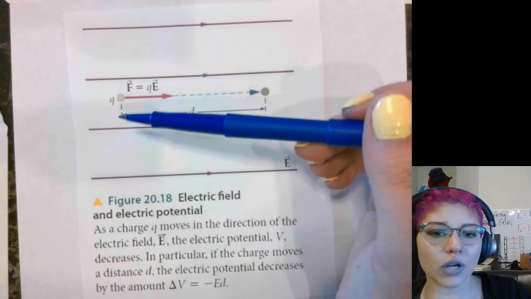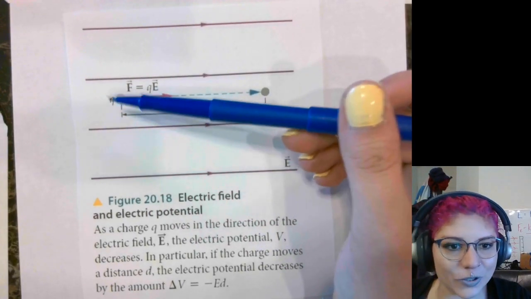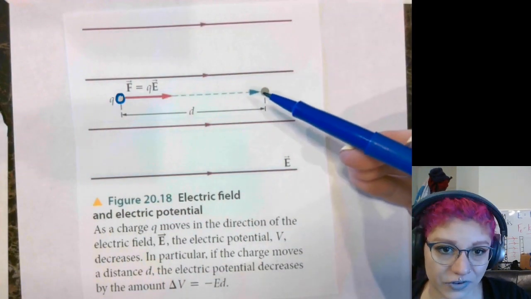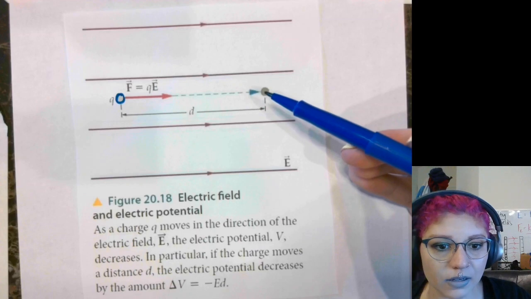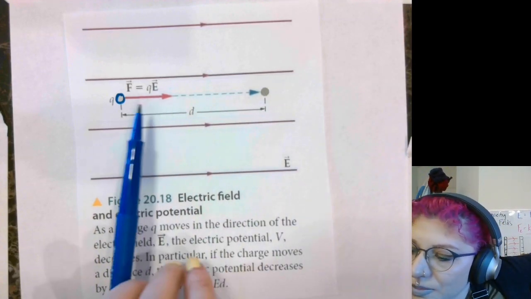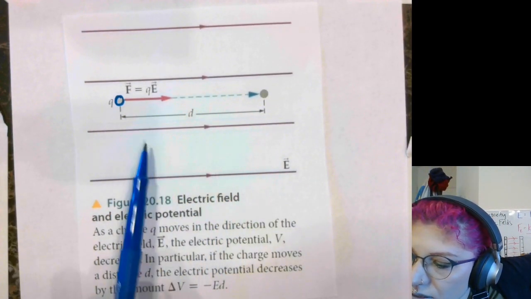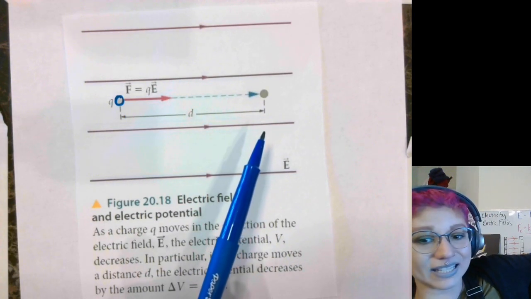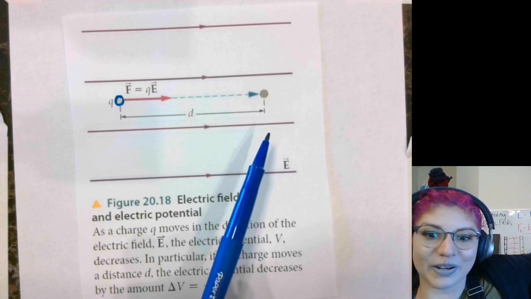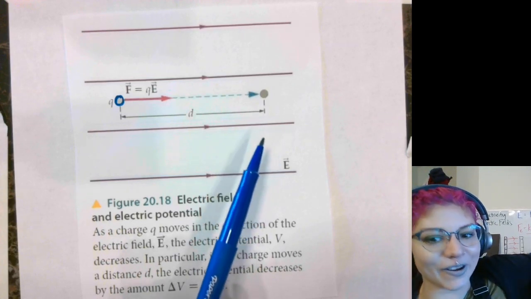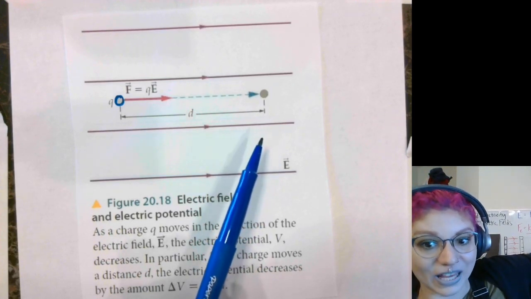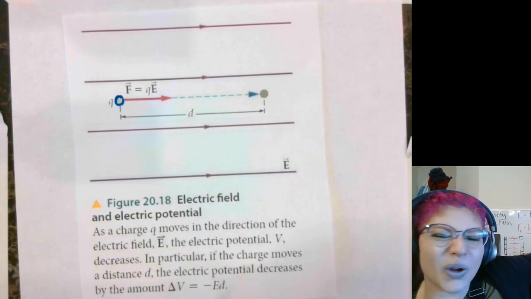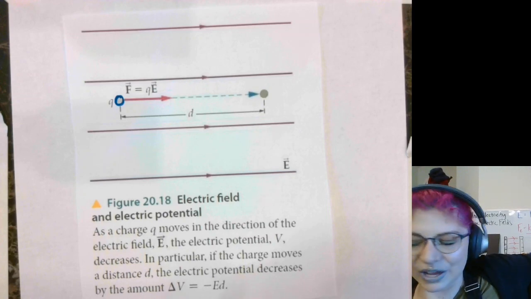So let's say we drop a little itty bitty charge, this little charge Q, in this electric field. This charge is moving with the flow of the electric field. I like to think of it like a cute little river otter jumping into the current of the river, and it's going with the flow. It doesn't really have to input a whole lot of energy, right? It's going with the flow.